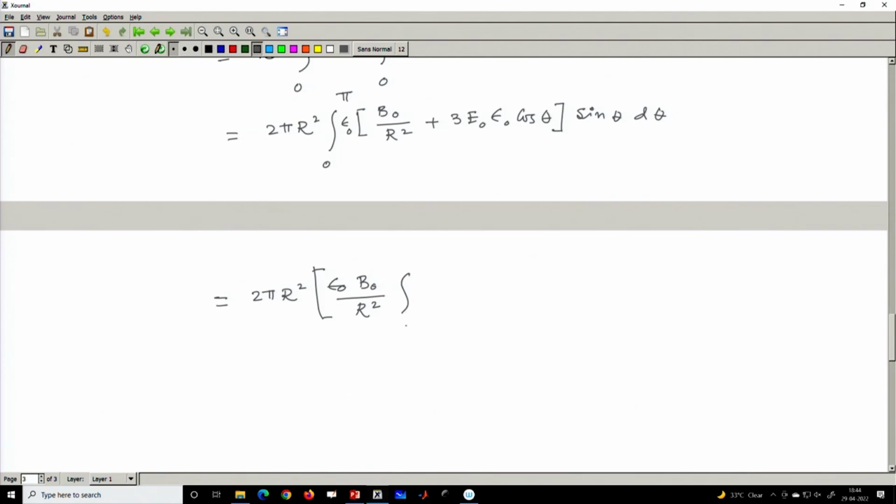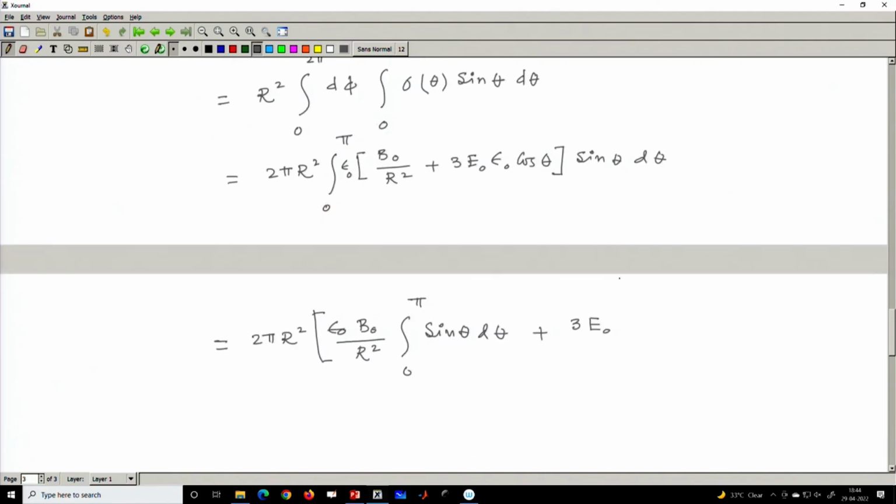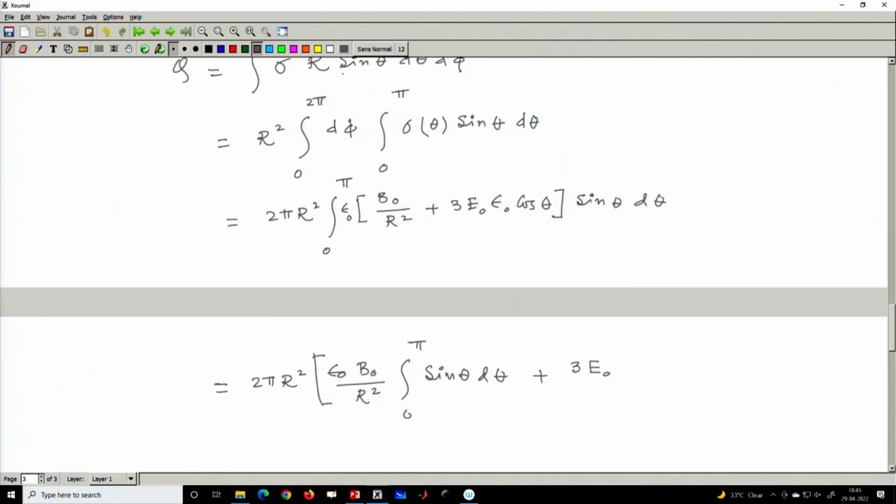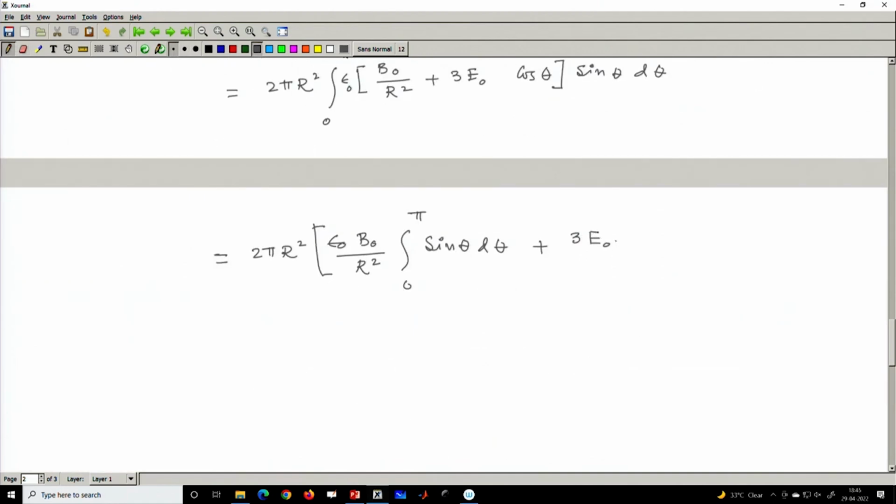If I put that outside, then the integration simply gives integration 0 to pi sin theta d theta, and another is plus 3 E0. Epsilon 0 I took common, so I should not have epsilon 0 anymore here, because I wrote epsilon 0 outside. So it should be 3 E0.